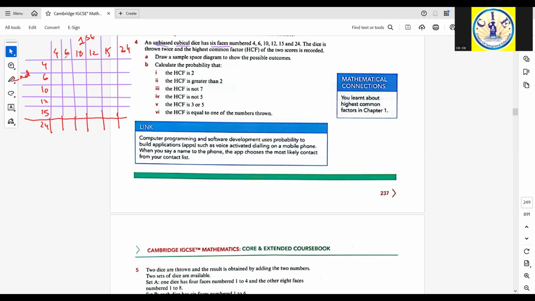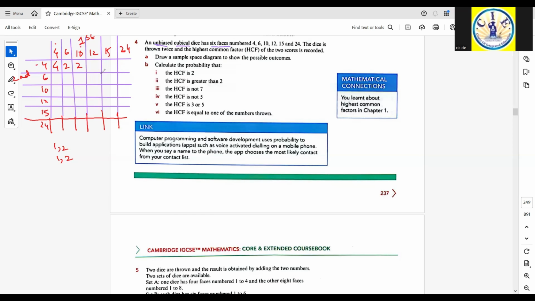The HCF of 4 and 4 is 4. HCF of 4 and 6. The common factors of 4 and 6 are 1 and 2, so the highest being 2. So let me write down 2 here. The HCF of 4 and 10: the common factors are 1 and 2 only, so the HCF is 2.